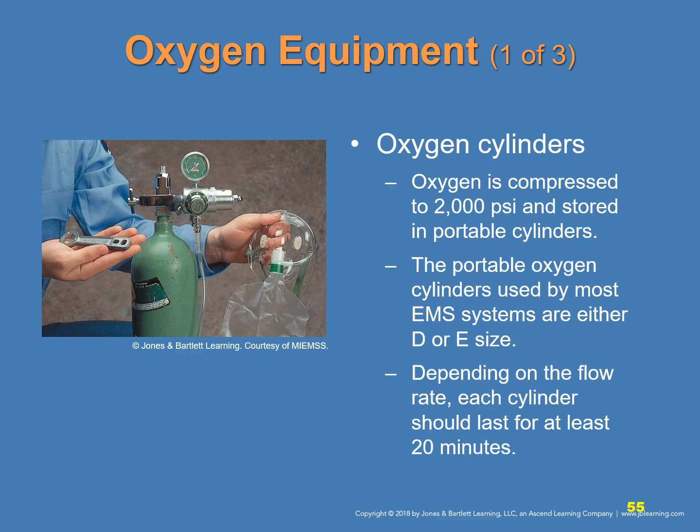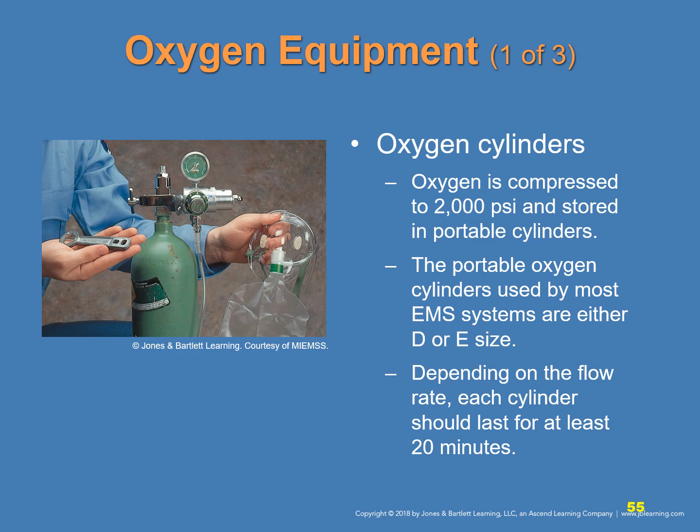Oxygen administration. Administering supplemental oxygen to a patient who is showing signs and symptoms of shock increases the amount of oxygen delivered to the cells of the body and often makes a positive difference in the patient's outcome. Oxygen equipment. Oxygen cylinders. Oxygen is compressed to 2,000 pounds per square inch, psi, and stored in portable cylinders.